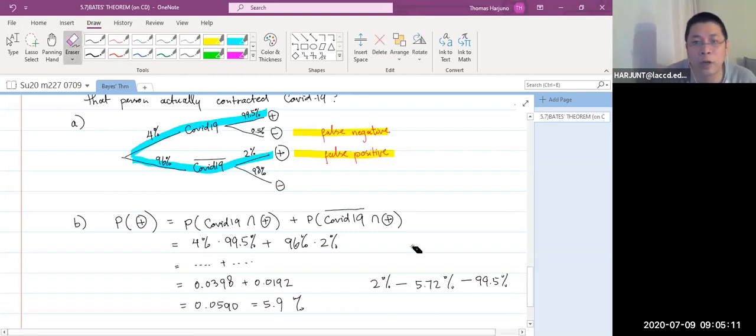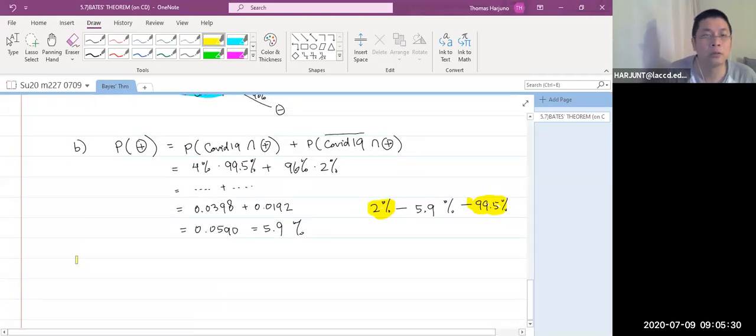So this 5.9% is actually between the 2% false positive and 99.5% correct positive. Okay. So our number will not be wrong.